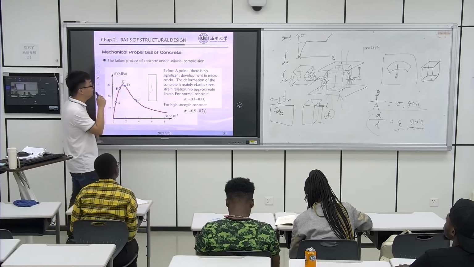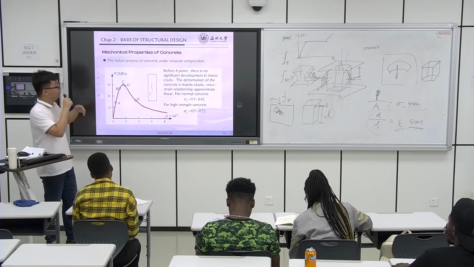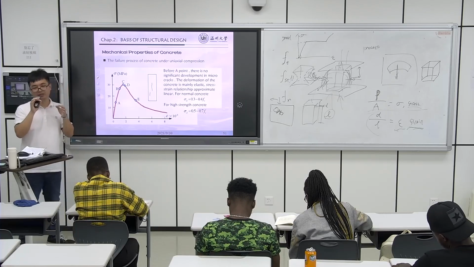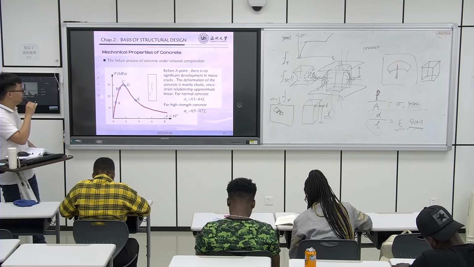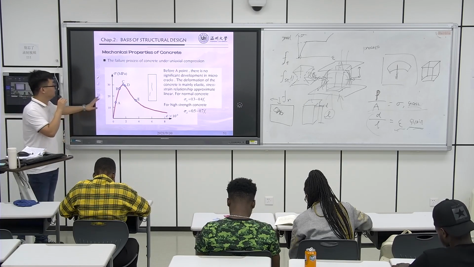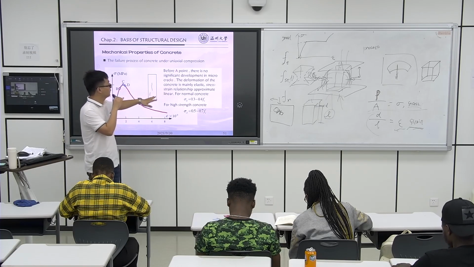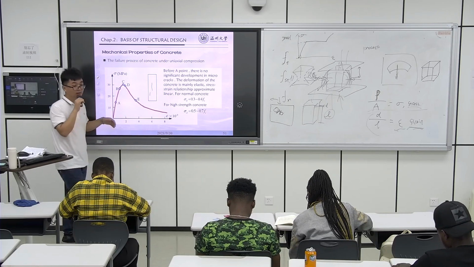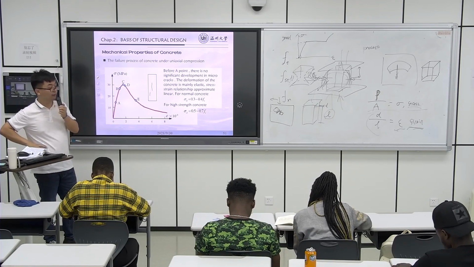There is no significant development of cracks, because the really small, minimal cracks are already there. So in this period there is no significant development of micro cracks. The deformation of the concrete is mainly elastic. In this period we regard concrete as a uniform material, right?